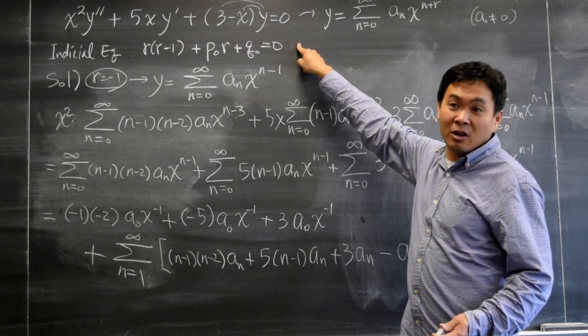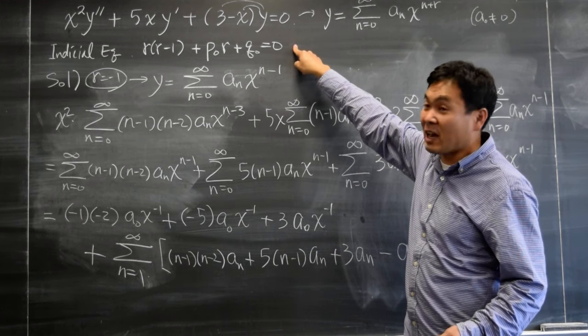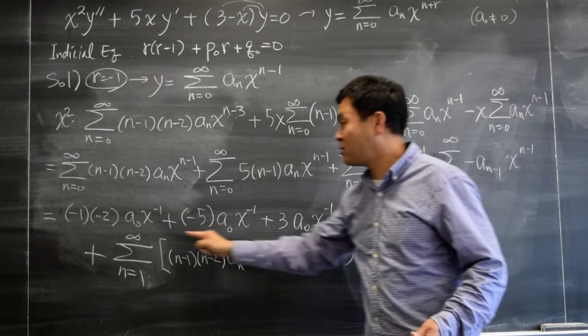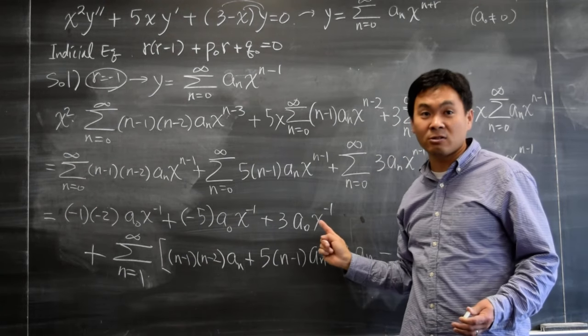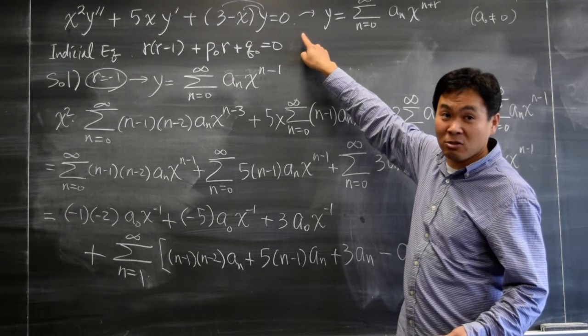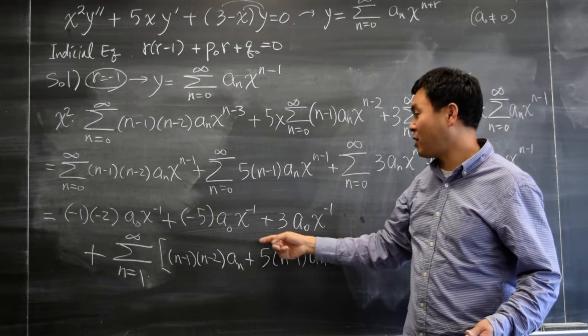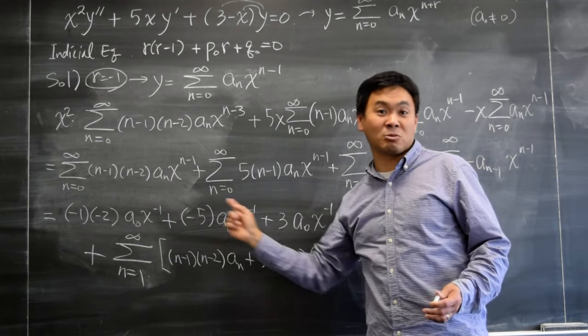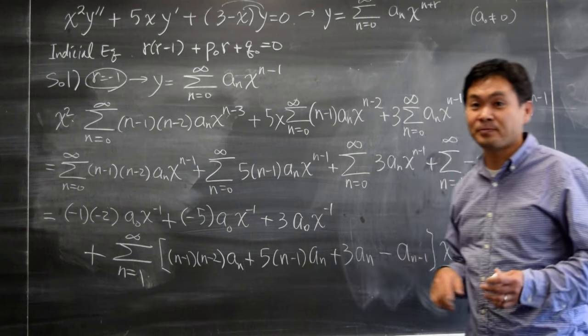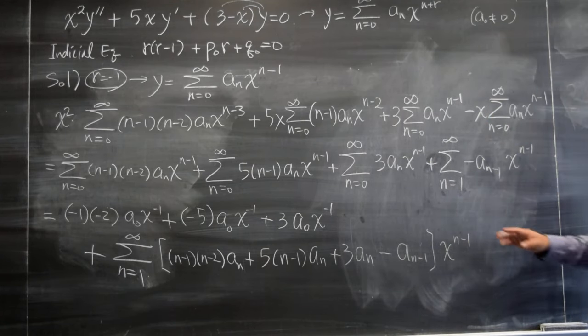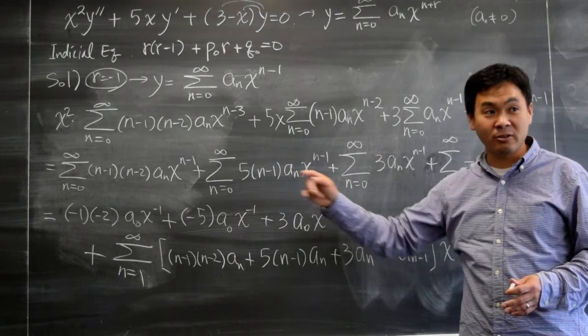Okay? So because this indicial equation is actually the condition for the very first n equals 0 term to be 0, if you use the correct values of the indicial equation, you will always find that the n equals 0 term will add up to 0. Okay? So that's the beauty of it. So that's always 0.